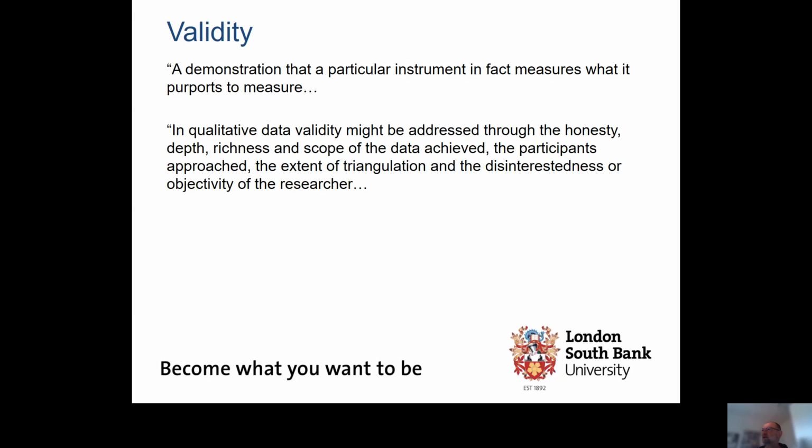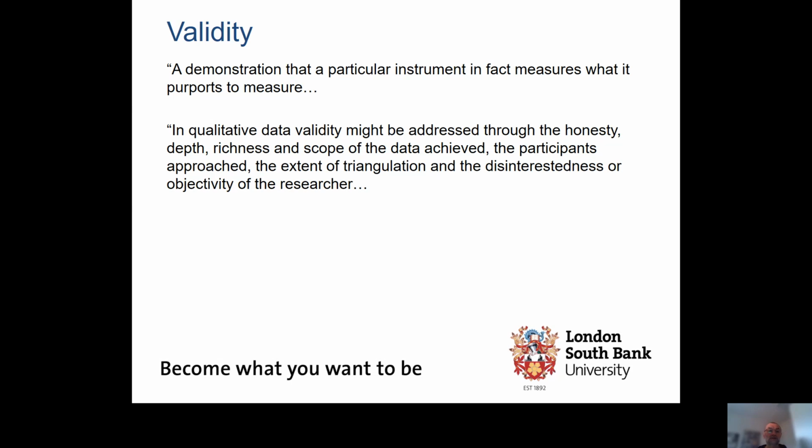So when something purports to do something, it's something that it's planned to do. Basically, does it do the job you wanted it to do? So if you have used questionnaires to answer your research question, has that use of questionnaires effectively enabled you to measure the thing that you're trying to measure?